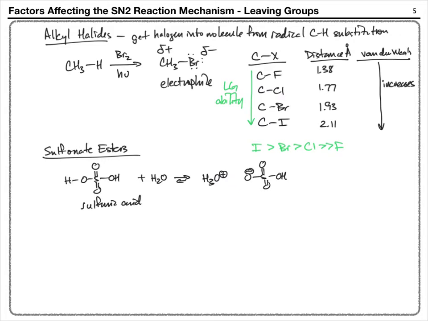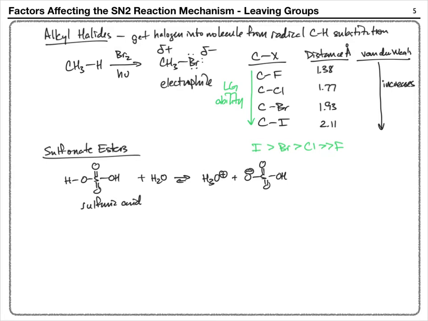We know that sulfuric acid is a pretty strong acid. So when it reacts with water, water acts as the base. It's leveled, so water is a leveling solvent. You form hydronium plus the conjugate base of sulfuric acid, which bears the negative charge.